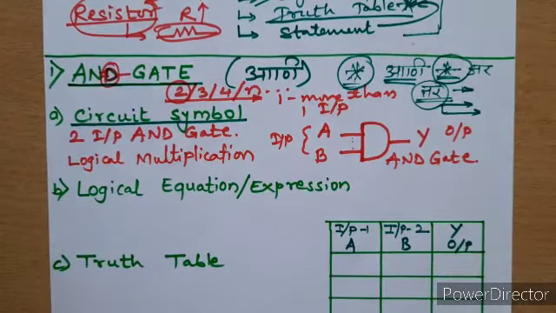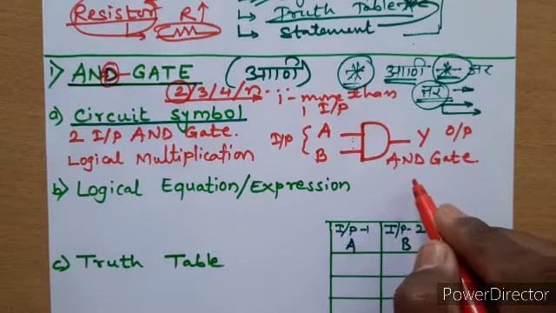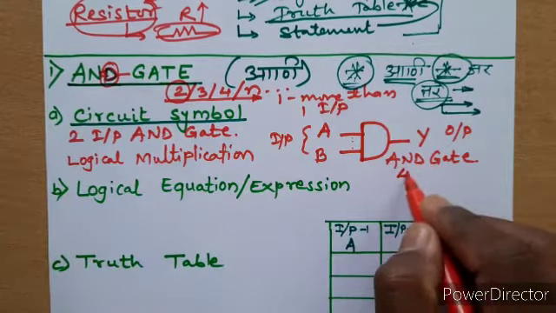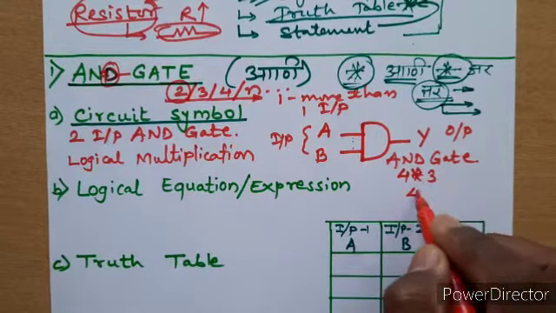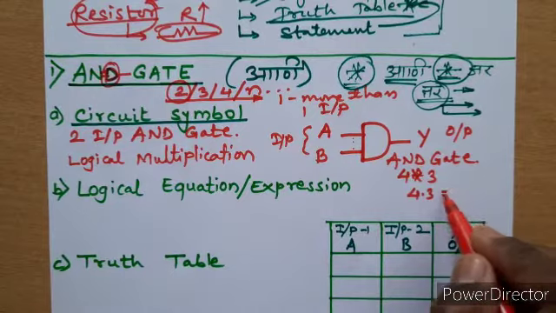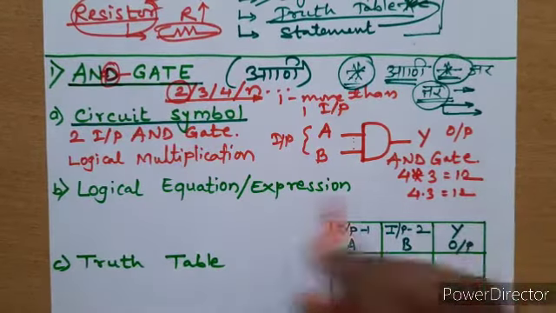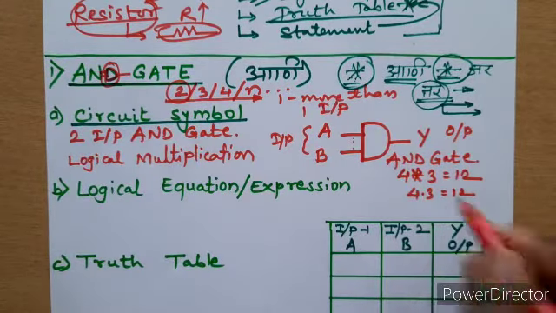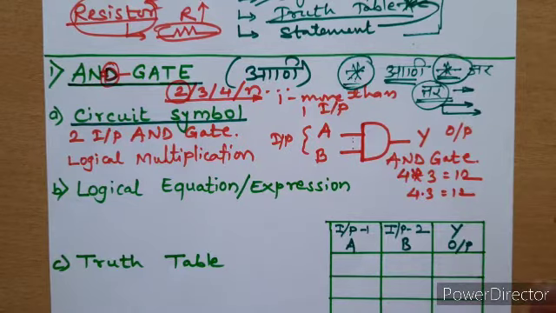In our general maths, multiplication most of the time is represented by a dot. So 4 into 3, I can write 4.3, this is 12. So this dot indicates multiplication.